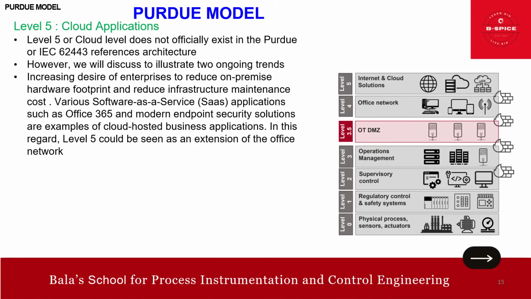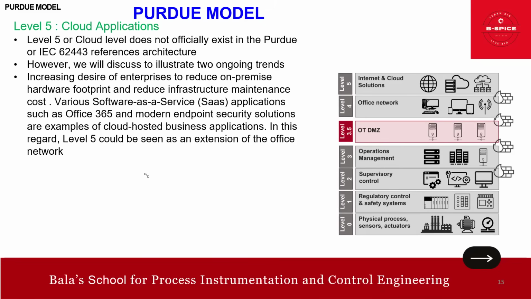Instead of having your servers and everything on premises, these will be available in the cloud. For this, various software as a service (SaaS) applications such as Office 365 and modern endpoint security solutions are examples of cloud-hosted business applications. In this regard, level 5 could be seen as an extension of the office network from L4.